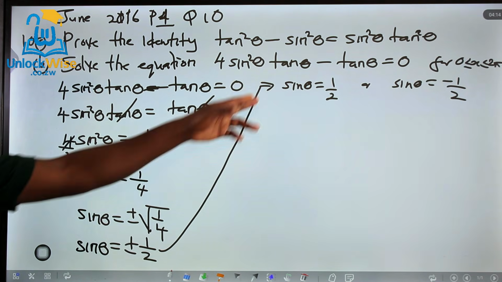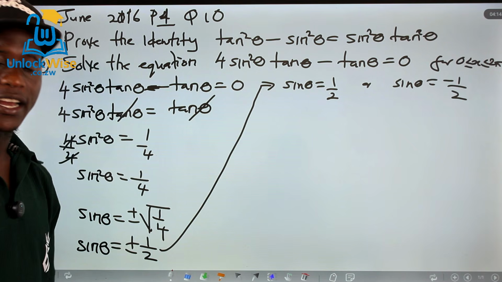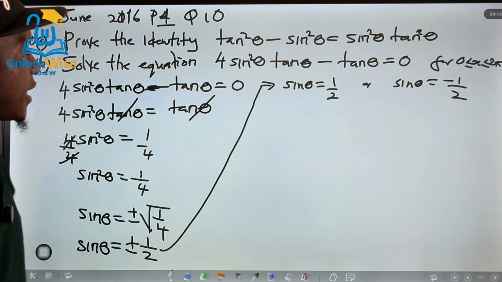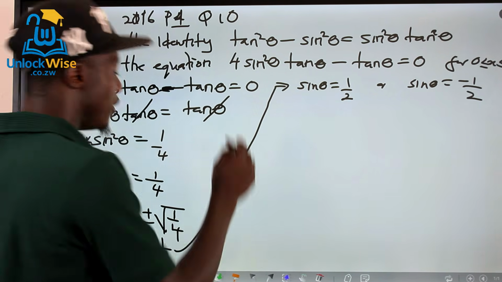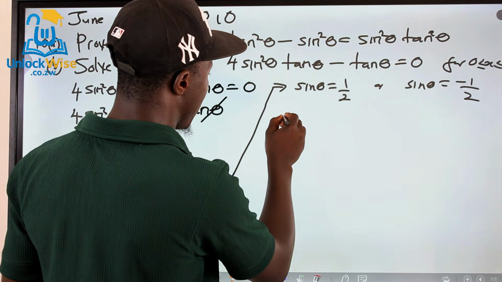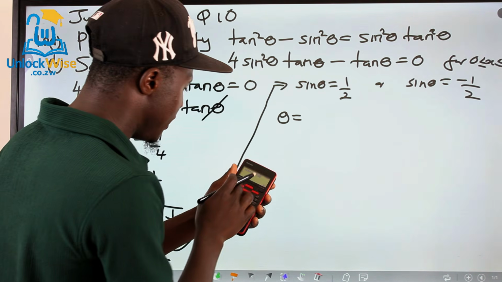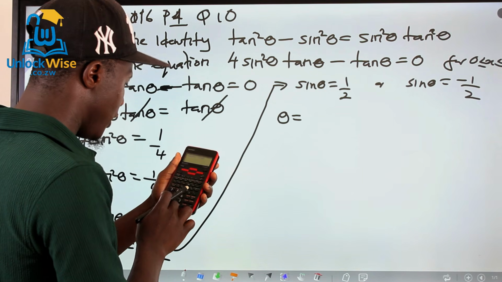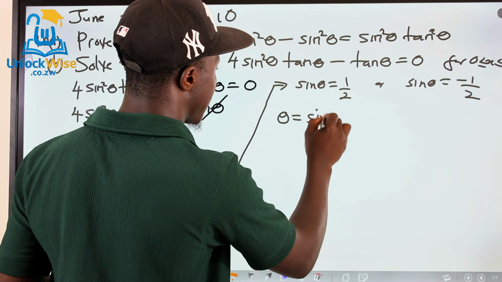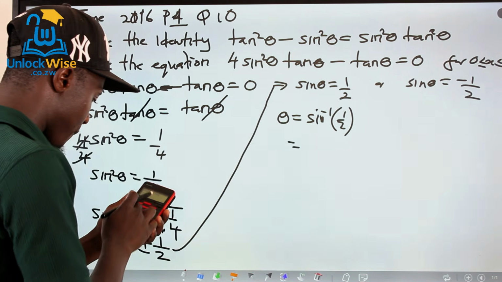So for us to find the values of theta, like I said, when dealing with the quadrant of sine theta, we say (-1)^n times PV plus 180n. So now we need to find the principal value. When you have your calculator, simply change it to radian mode, whereby theta is equal to arc sine of half.